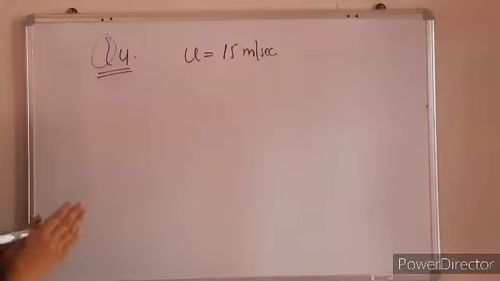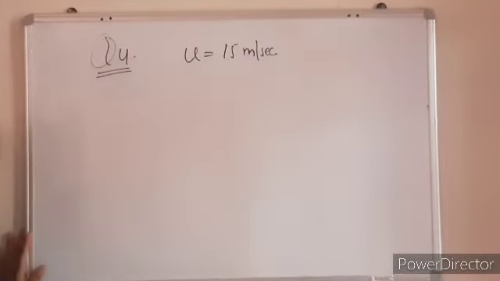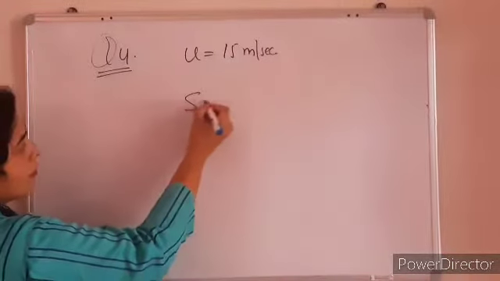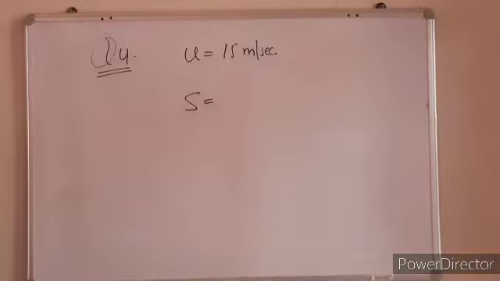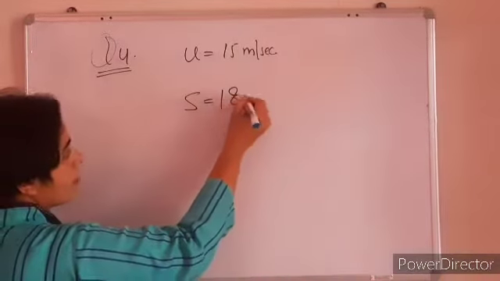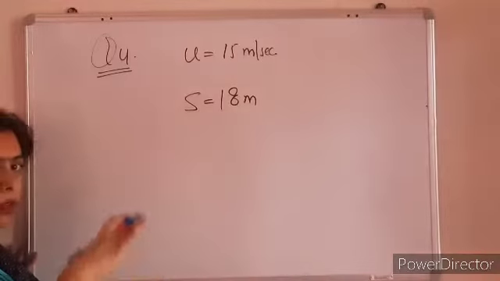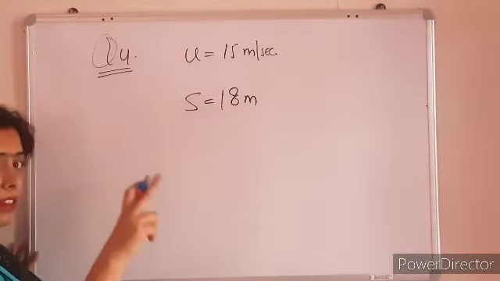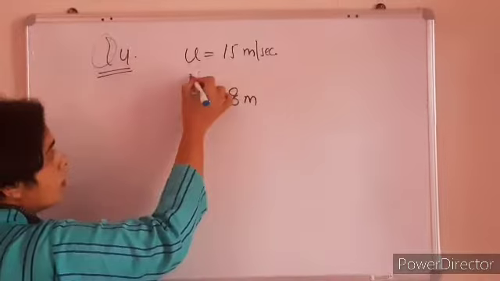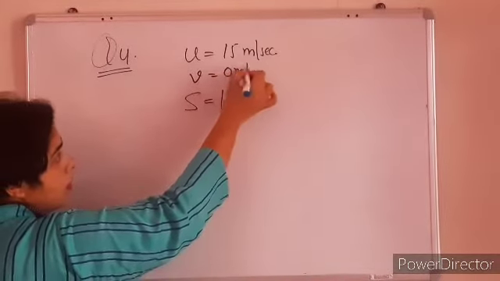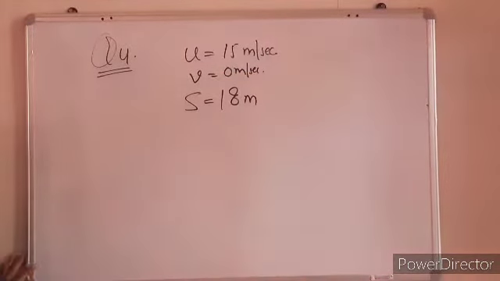And the cyclist wants to apply brakes so that he or she will not collide with the wall, which is at a distance of how much? 18 meter. So the cyclist wants to come to rest. It means the final velocity will definitely be 0. Fine. Now what we have to do is find out the deceleration.